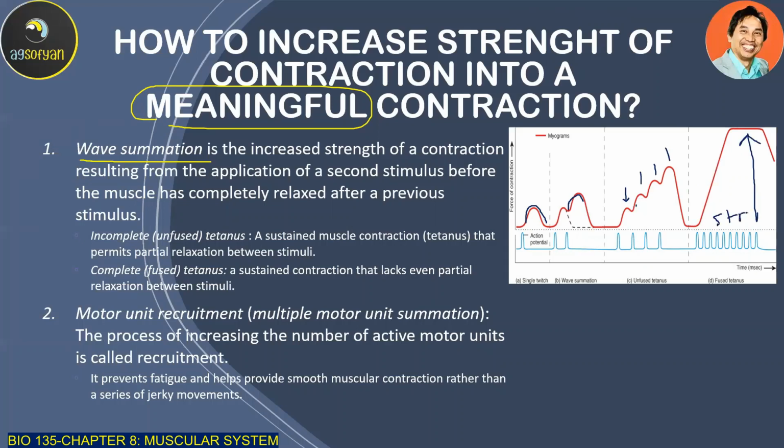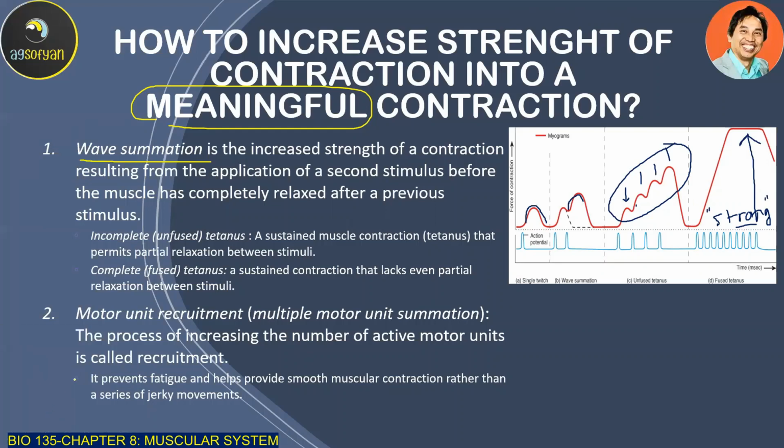So this is the real contraction that we have when we contract our muscle. For example, when we contract our biceps, it has many twitches that apply one after another, and finally give this strong contraction.